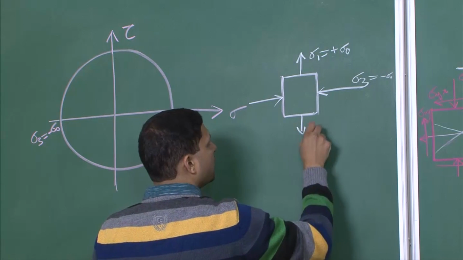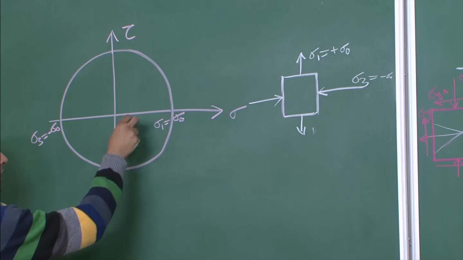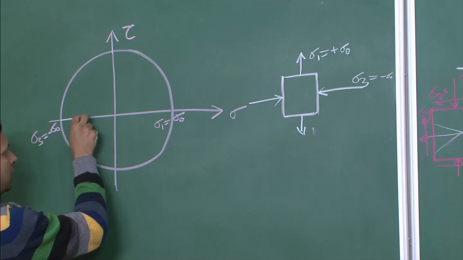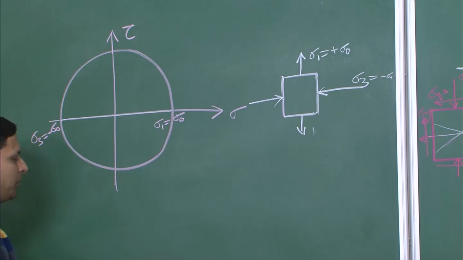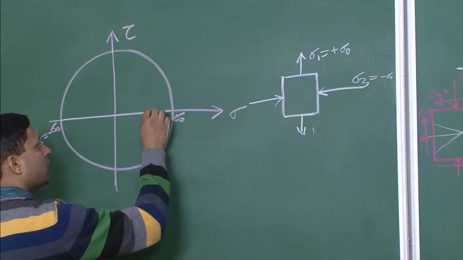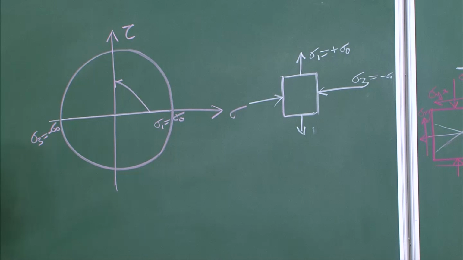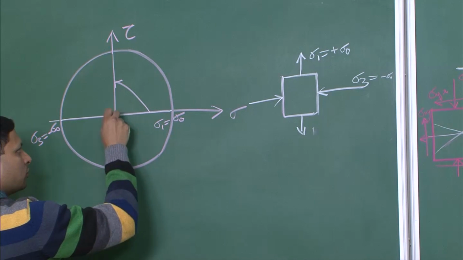This is in tensile condition. Now, if I rotate this, this line represents the orientation of that element. If I rotate that line or the orientation such that the orientation is now represented by this line, see this, the diameter still crosses through the x axis, the 0 0.